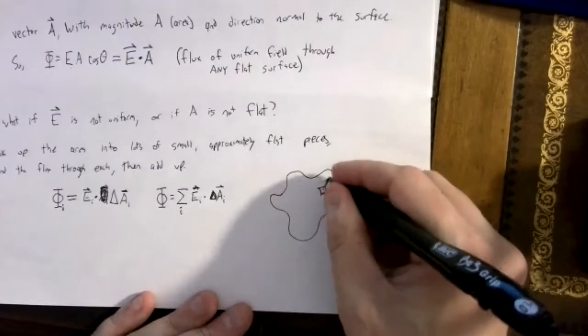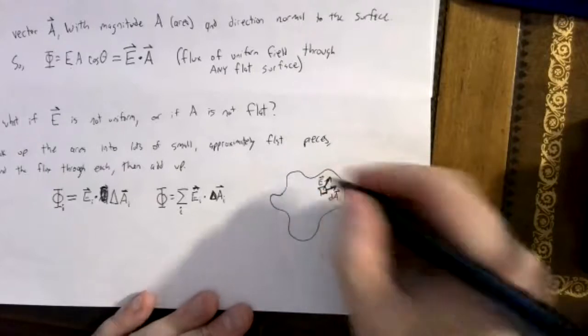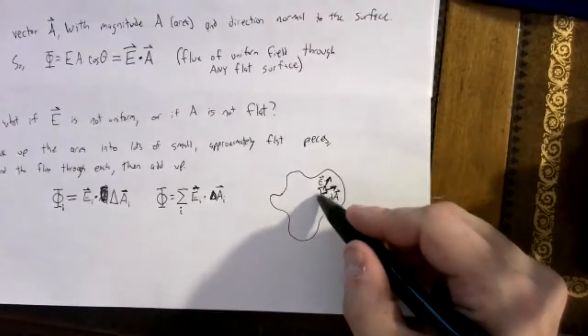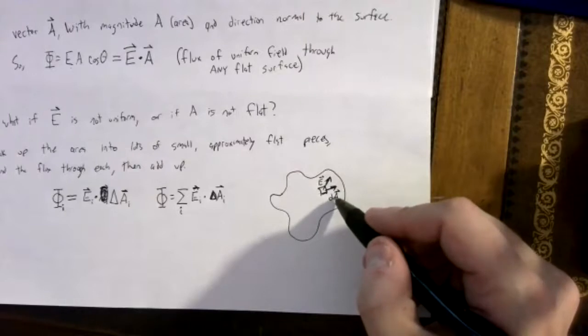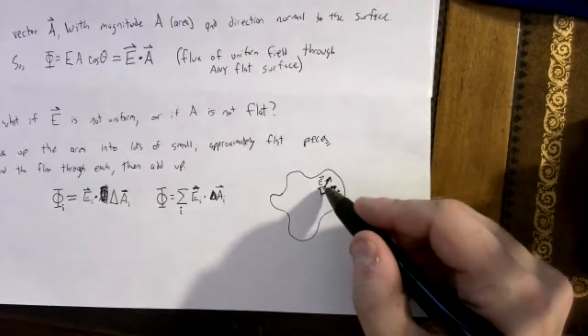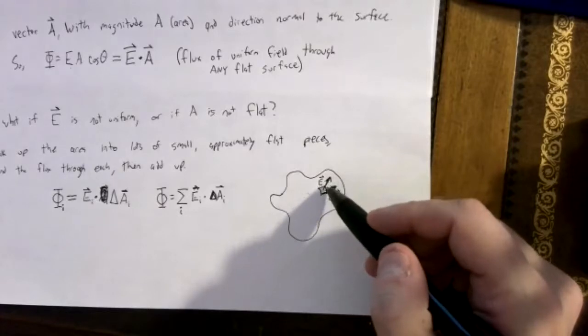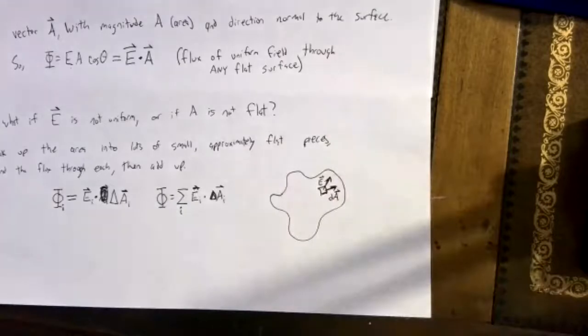We don't know what direction, but you'll have an electric field in some direction there. So we would be looking at each little piece of this surface. We would find the normal for it, the dA. We would find the electric field passing through that surface, and then we would know the flux through that piece. And if we do that for every little piece in the object, then we would have the total flux.